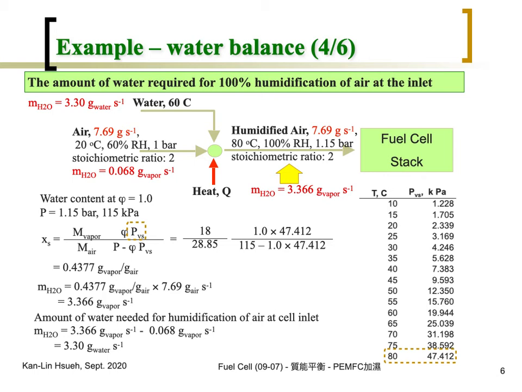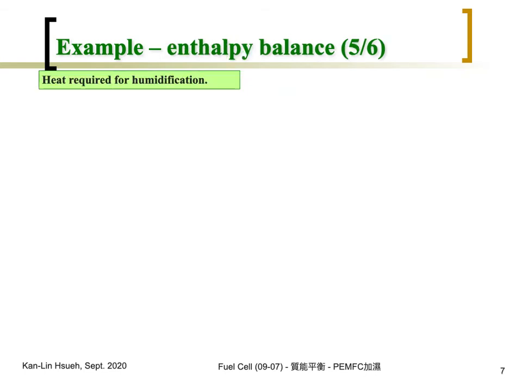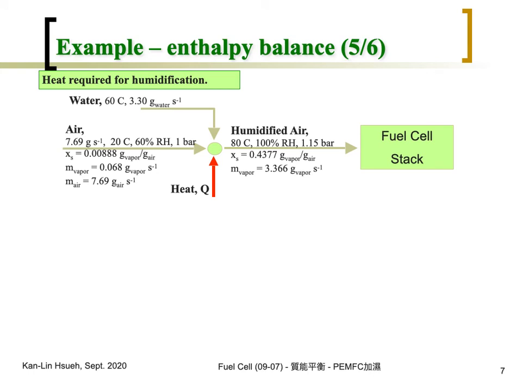Next, we're going to calculate the heat required so the humidified air can reach the temperature of 80 degrees Celsius. The heat required for humidification is over here. We put all the numbers in there for easy calculation. And then the enthalpy balance, we have to do the energy balance.